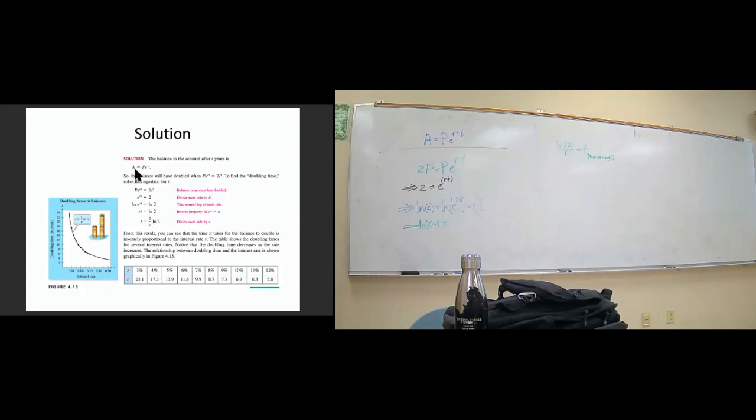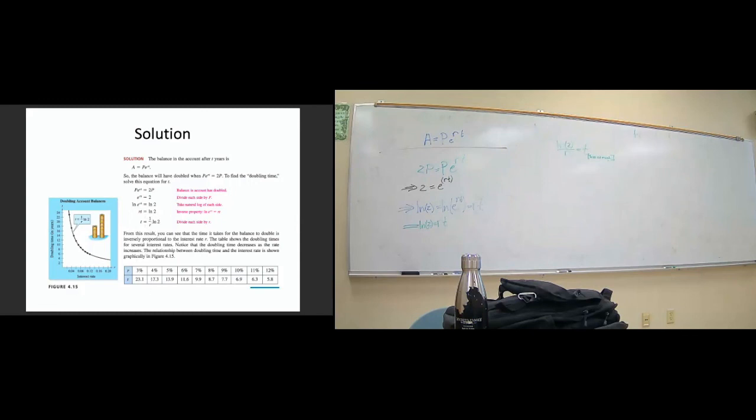We start off by saying, all right, set A equal to 2P. We can cancel these P's from both sides to get to here. When we do that, we end up at the ln of e to the RT is equal to the ln of 2. But the ln of e to the RT is just RT. So R times T is equal to ln of 2, or T is equal to the ln of 2 divided by R.